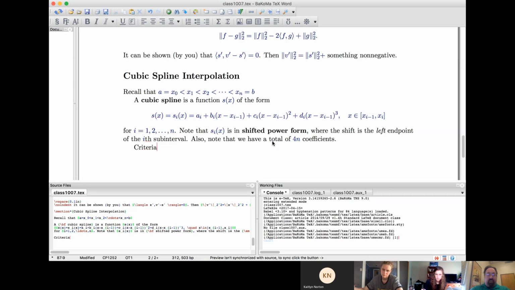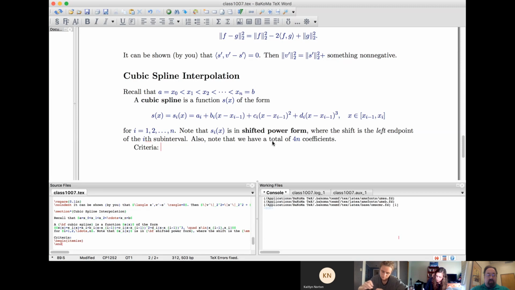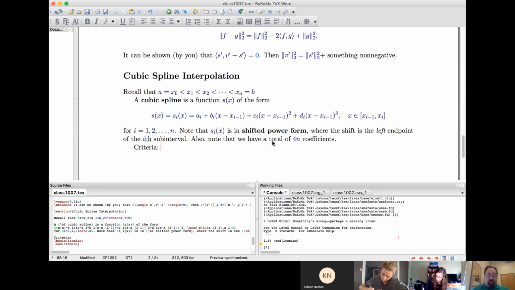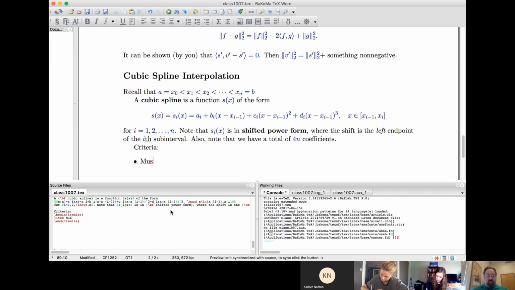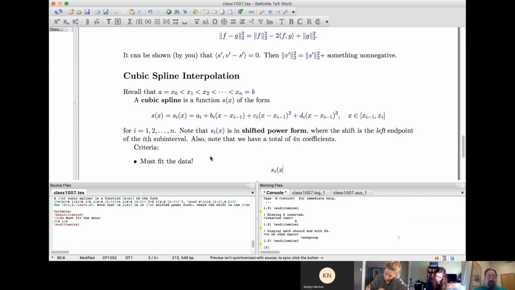So here's a criteria that the spline must satisfy. First, it has to fit the data. So what that means is S_i of x_{i-1} is equal to the corresponding y value.